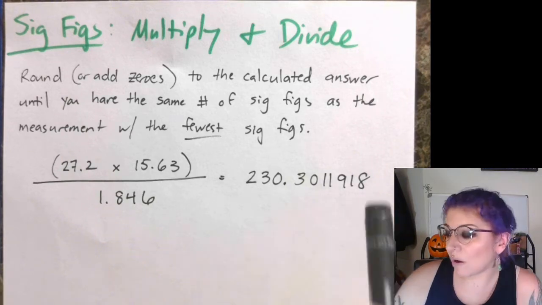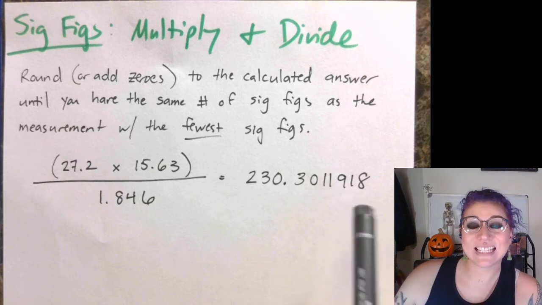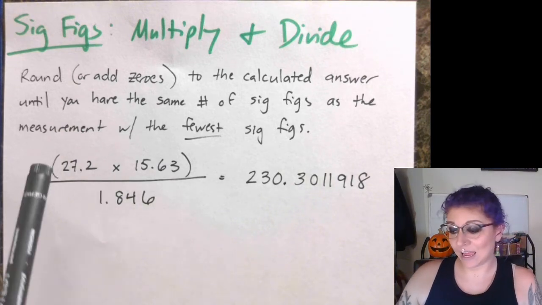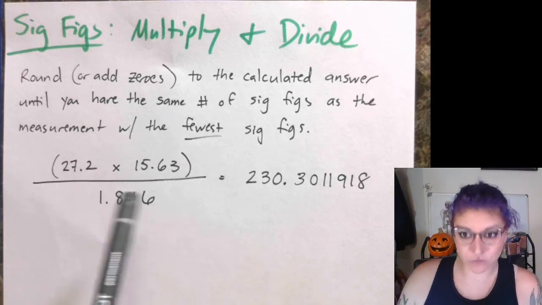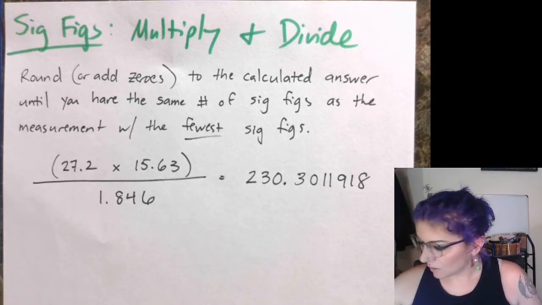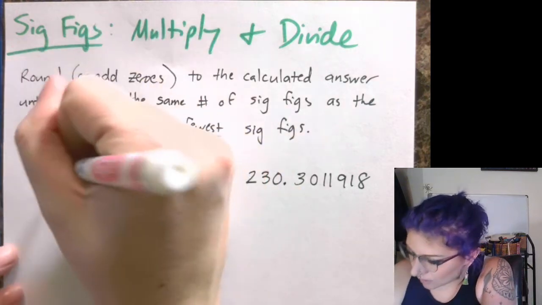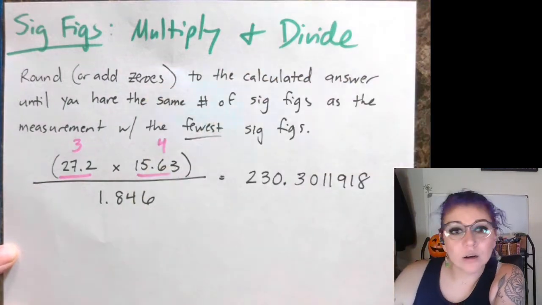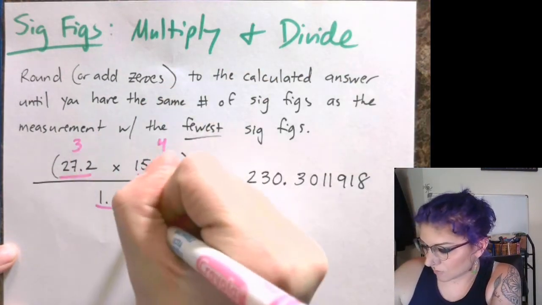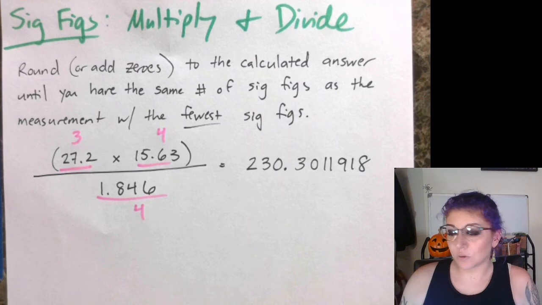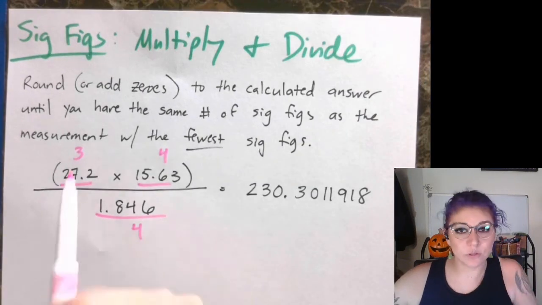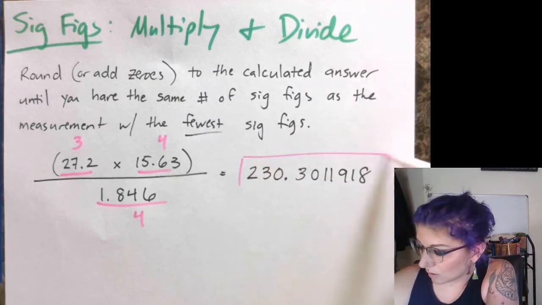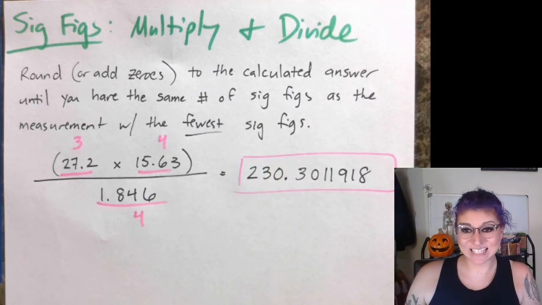Now I need to round this final number to have the same number of Sig Figs as the one here with the fewest. So we see that this number has 3 Sig Figs, this has 4, and this has 4. So 3 is the fewest number. So I'm going to round this number to 3 Sig Figs.